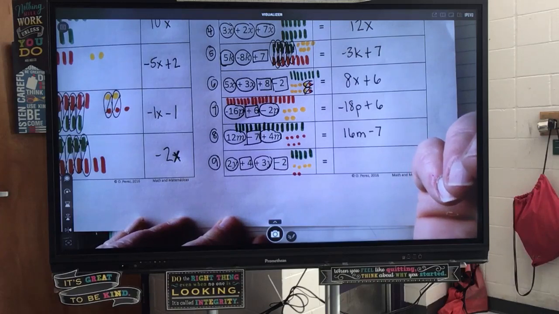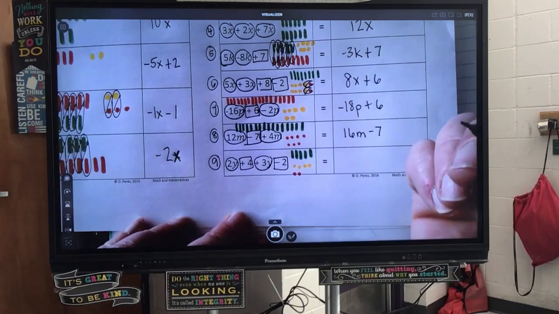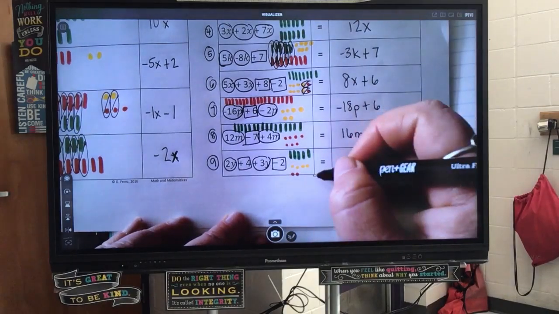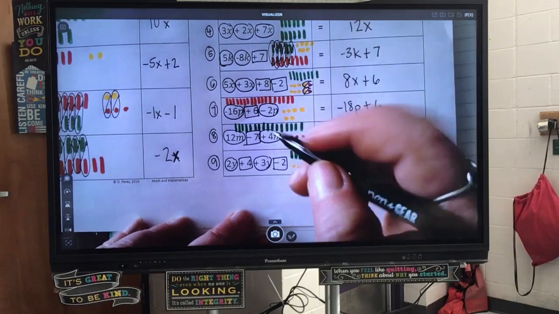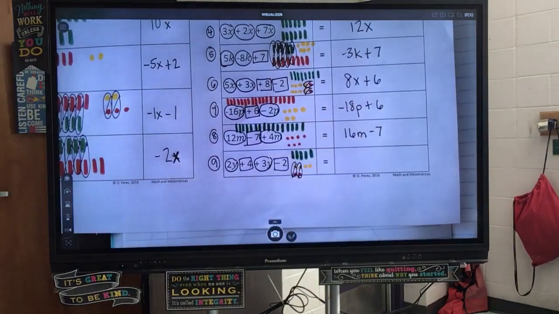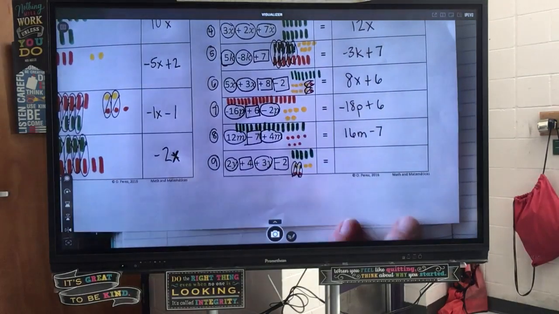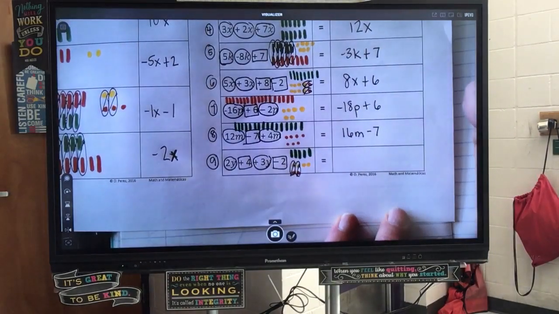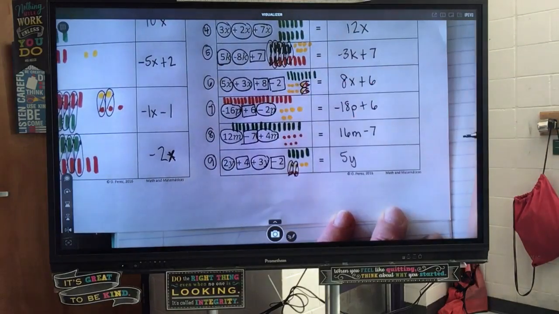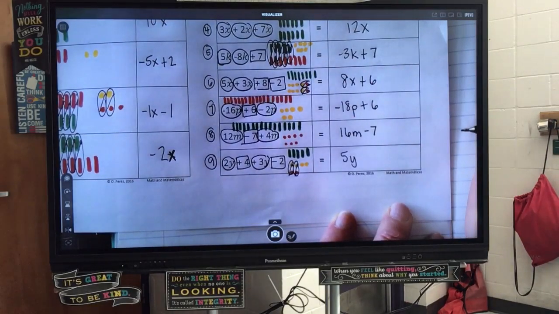Positive... So this is our variable, this is our just... The positive 4s. Yes, and the negative. Yep. Alright, so then what is my expression gonna look like? 5y plus 3. Yep.